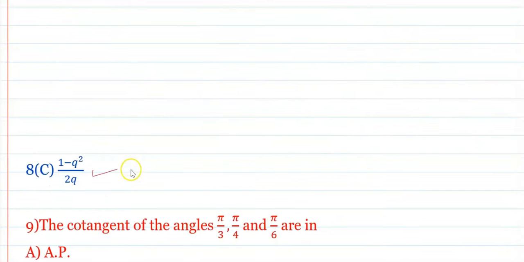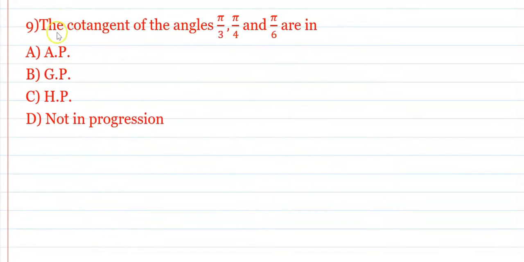Now the next: the cotangents of the angles pi by 3, pi by 4, pi by 6 are in AP, GP, HP or not in progression. Now first, the cot of pi by 3.